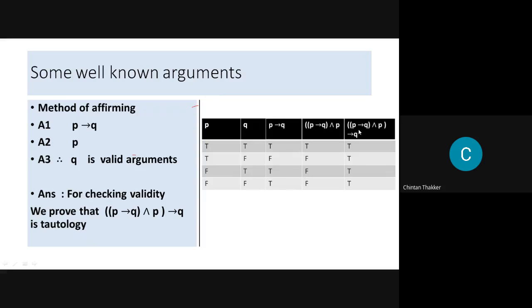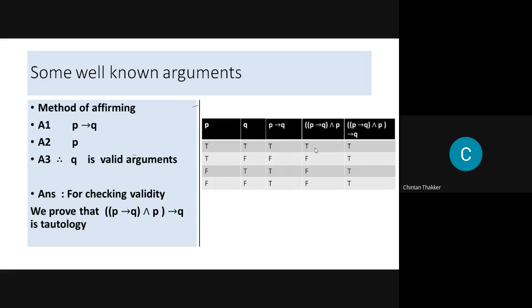Then implies Q. When we take the implies Q, we compare the second and fourth columns. The fourth column is the first statement, and the second column is the second statement. In our first statement, the first one is true. In the second statement, the first one is true. So we get true.